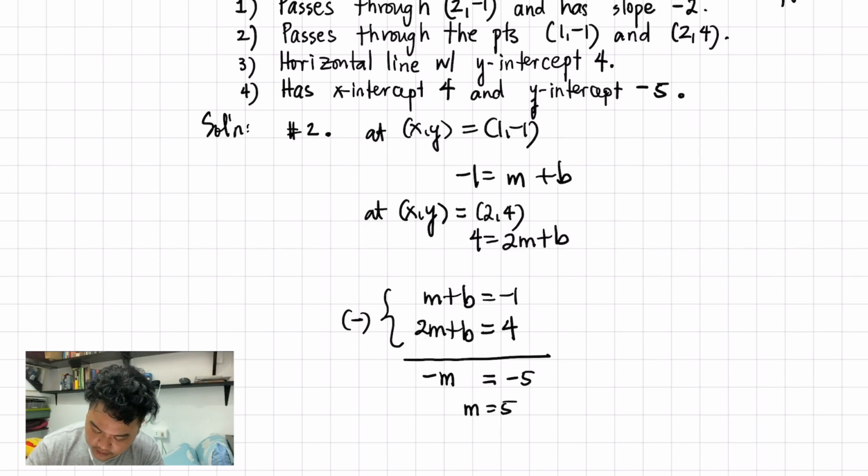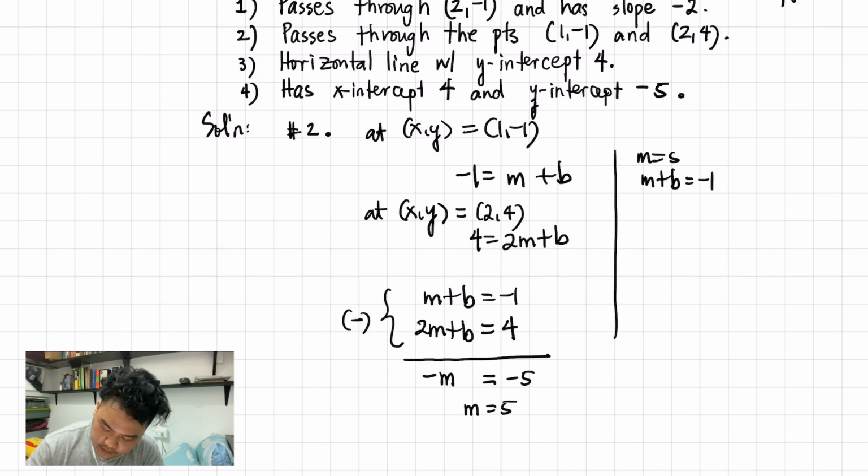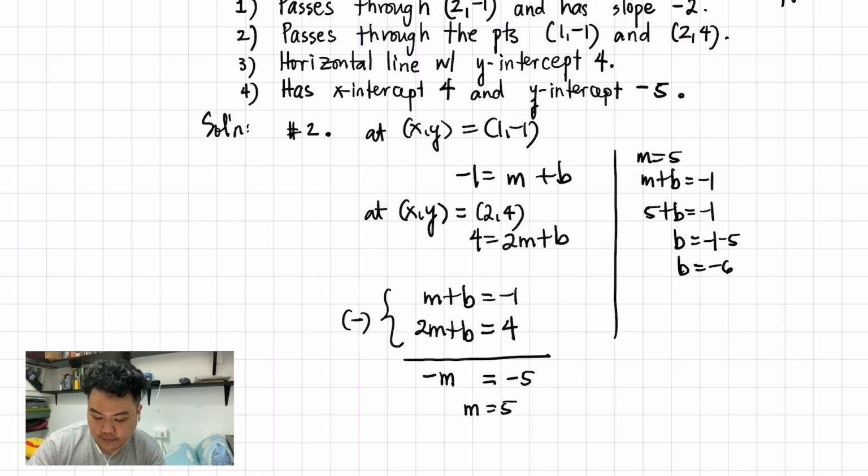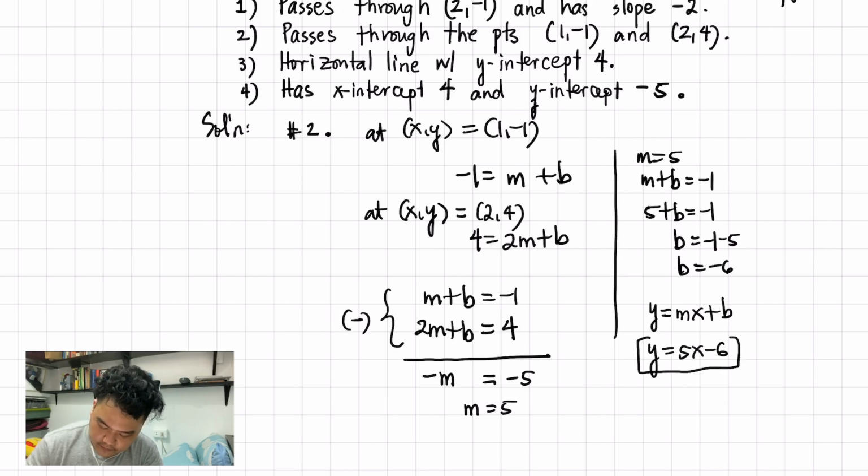So let's say let us use m plus b equal to negative 1, where m is 5. So we get 5 plus b equal to negative 1. So b is negative 1 minus 5, or b is negative 6. We now have m, and we now have b. So our y equal to mx plus b is y equal to 5x minus 6. Okay.